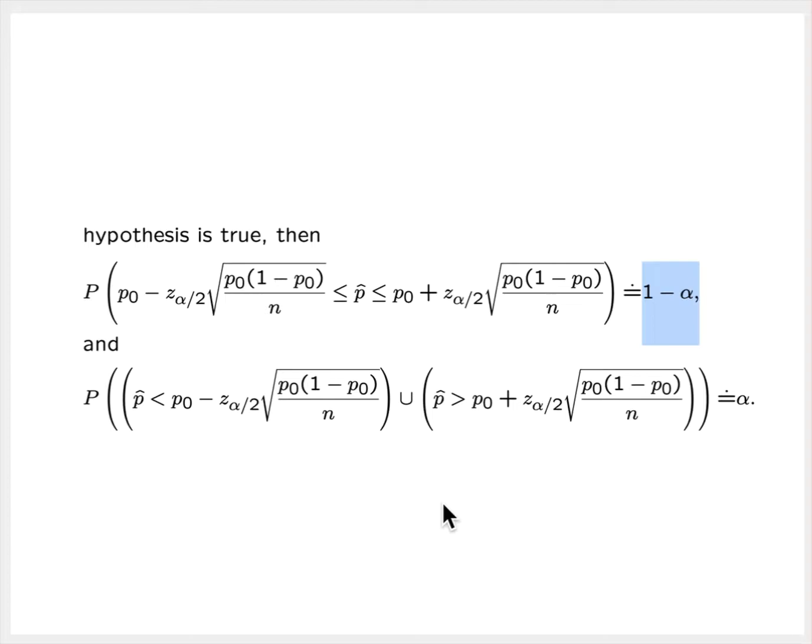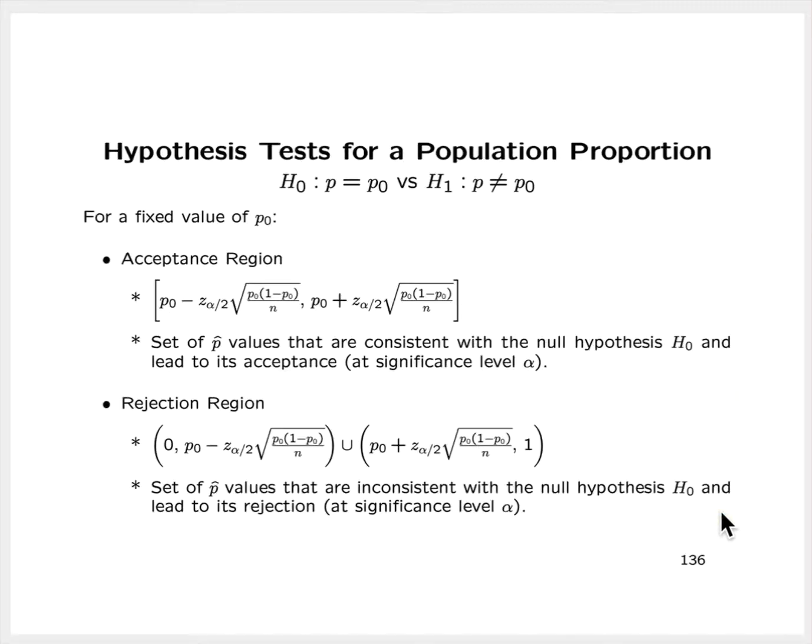And so therefore, by the complement rule, the probability of observing a value of p hat outside of that interval, either less than this quantity or greater than this quantity, would be approximately alpha. And so this is going to lead us to a rejection criterion. We'll first state it in terms of an acceptance region and a rejection region.